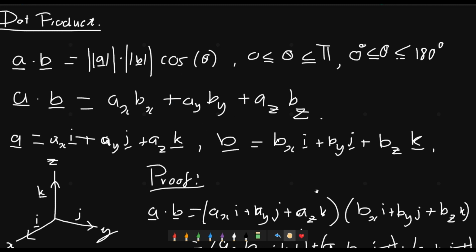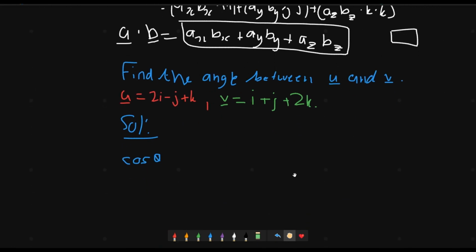So then cosine theta, if we just divide by the magnitudes, we get that cosine theta equals a dot b over the magnitudes, but sorry, we're using u and v, so let's do that. So we get cosine theta equals u dot v divided by the magnitude of u times the magnitude of v. Okay, that's very nice.